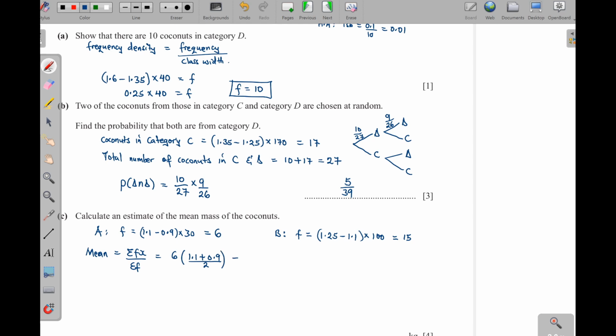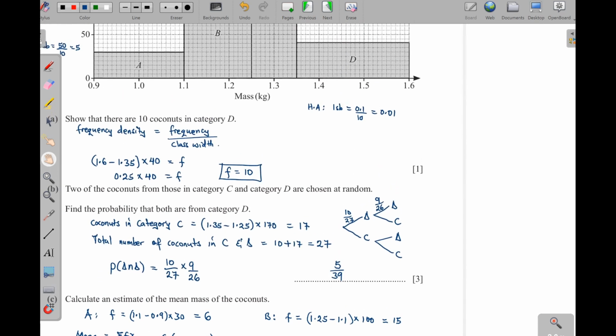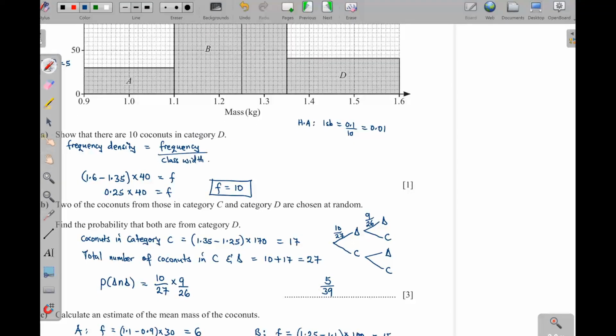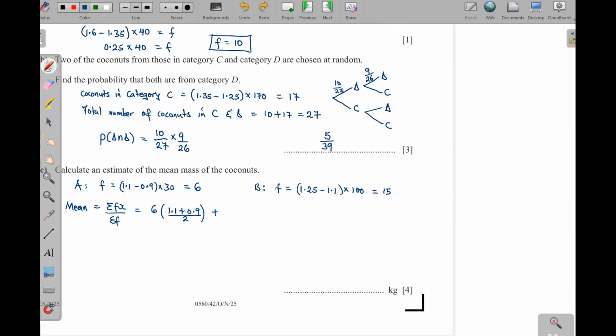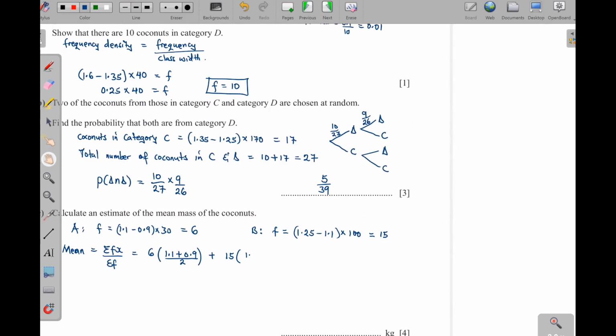That is that. Then plus, the next one will be 1.25 plus this one over 2. But the frequency for B is 15, then times 1.25? Yes, 1.25, then added to 1.1 divided by 2.